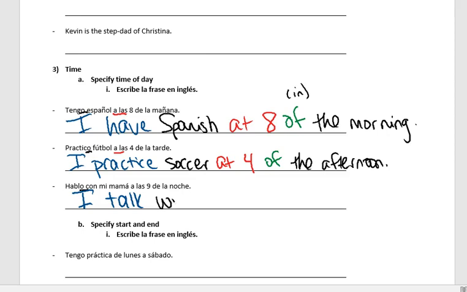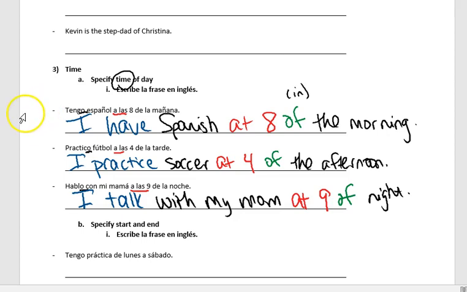So I talk with my mom. This a las 9 is at 9. Your de is of. And la noche is night. Okay? So to specify a time of day, so this is the specific time.